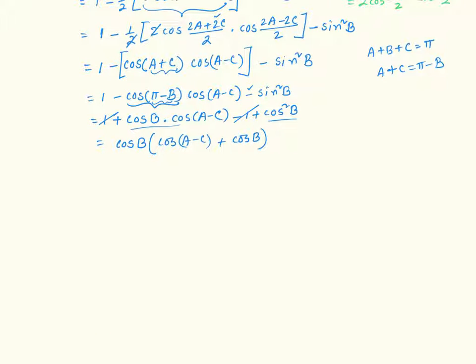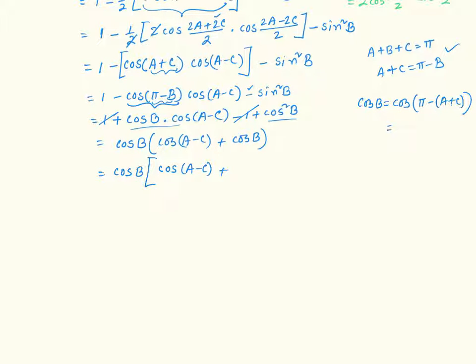Now once again we are going to use the same thing. Let me put it inside the square bracket for clarity. Cosine of A minus C plus cosine of B. I could write cosine of B as cosine of pi minus (A plus C). Remember? Exactly the same logic.